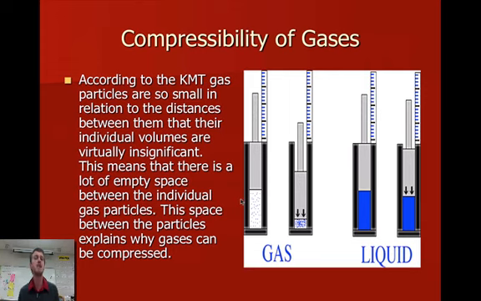According to the kinetic molecular theory, gas particles are very small, especially in relation to how much distance there is between gas molecules. So the distance between gas molecules is huge, and the size is very, very small. Because of that, there's a lot of empty space between those molecules, and so I can decrease that amount of space between them by compressing them.